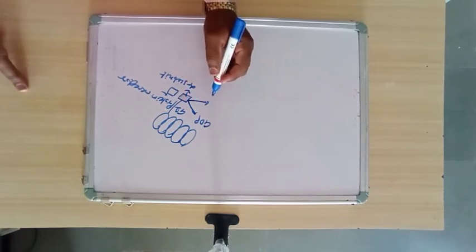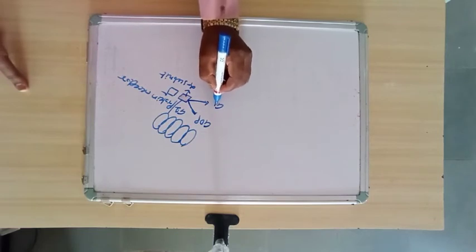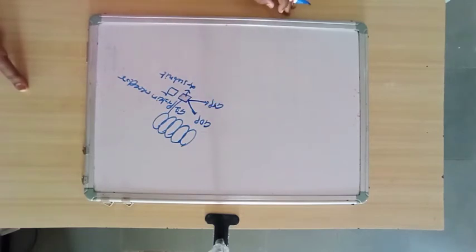Let us first discuss the diagram. GDP, then it becomes GTP, guanosine triphosphate.